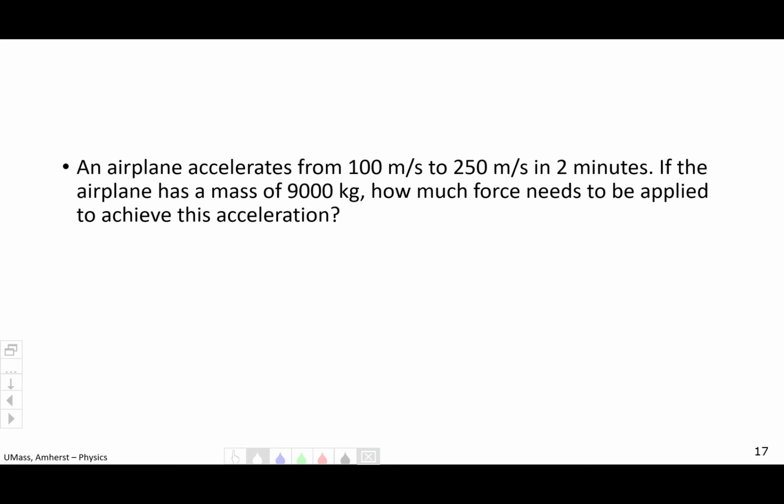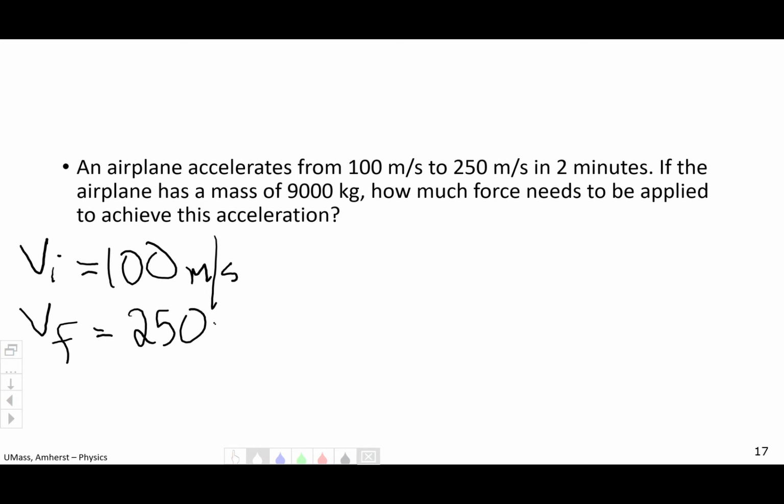So let's start by doing what we always do, which is list all of our stuff that's provided, and then identify what we're being asked to find. So we accelerate from a VI of 100 meters per second to a VF of 250 meters per second in a time, delta t, of 2 minutes.